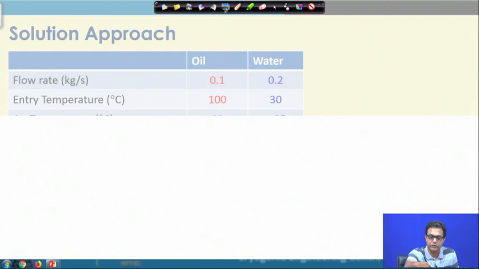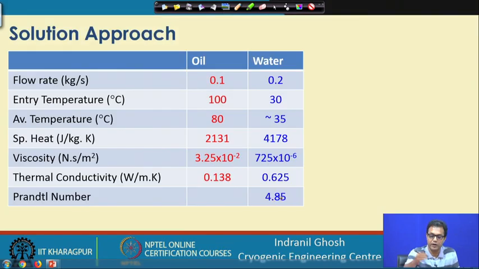Let us go back and see. 4.85 is the Prandtl number.